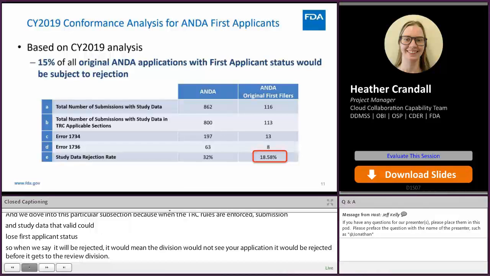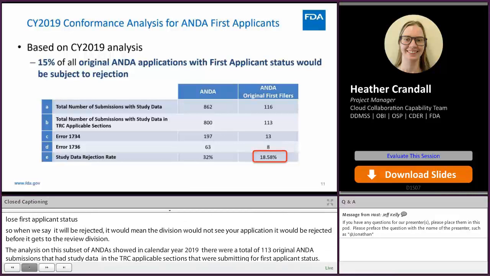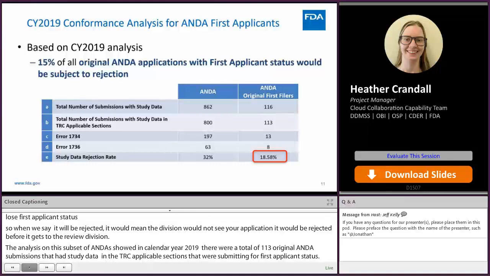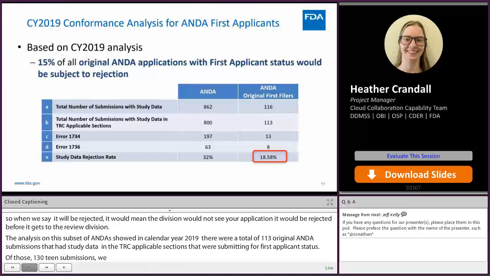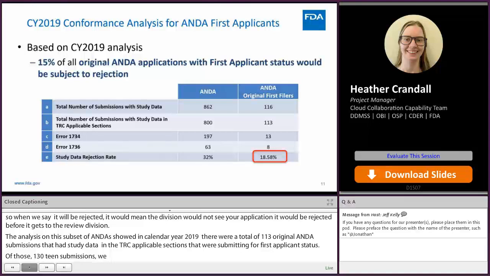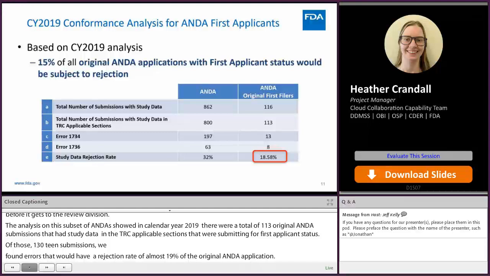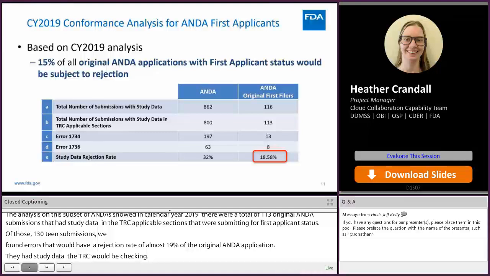And of those 113 submissions, we found errors that would have a rejection rate of almost 19% of the original ANDA applications that had study data that the TRC would be checking. So this is something to keep in mind as you are putting together your submissions moving forward, bearing these technical rejection criteria for study data in mind.